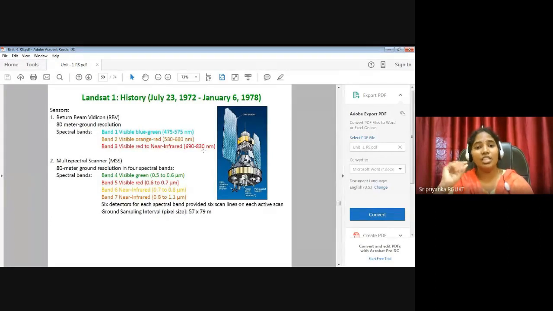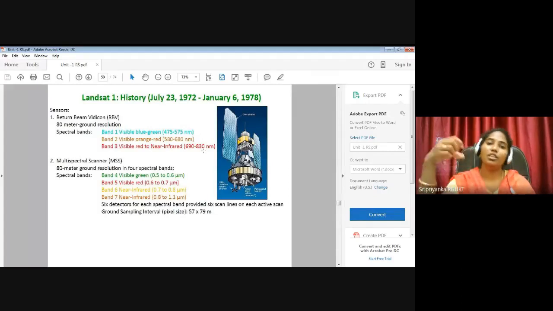We are covering some part of blue-green, some part of orange-red, and some part of red and infrared. In these three portions, when the targets interact with these wavelengths, the reflection is captured at these wavelengths.